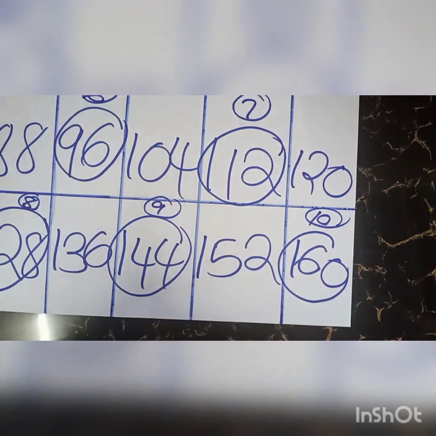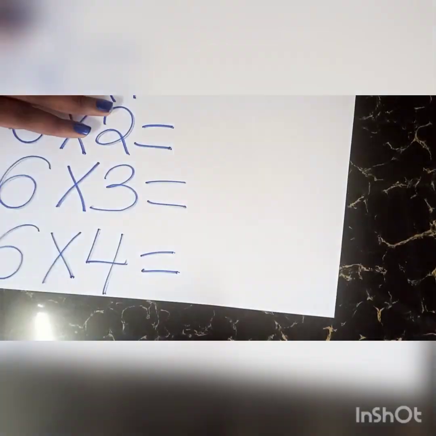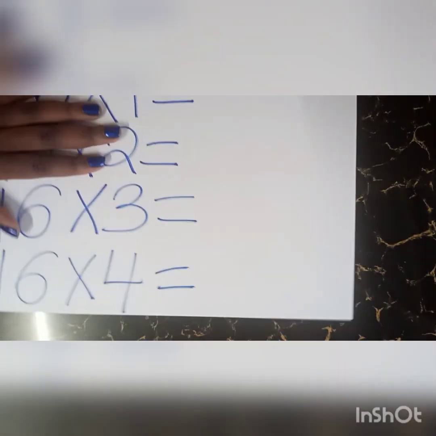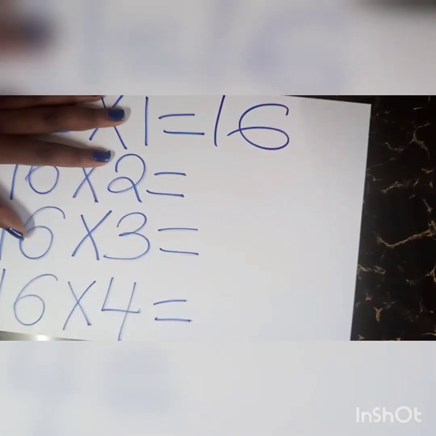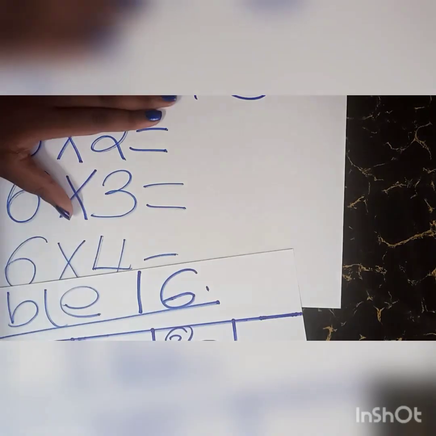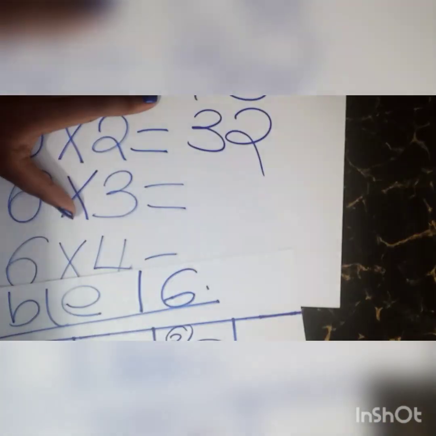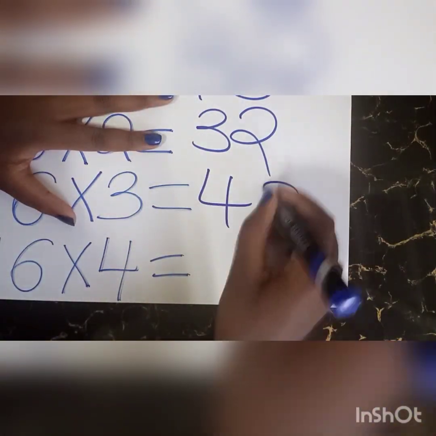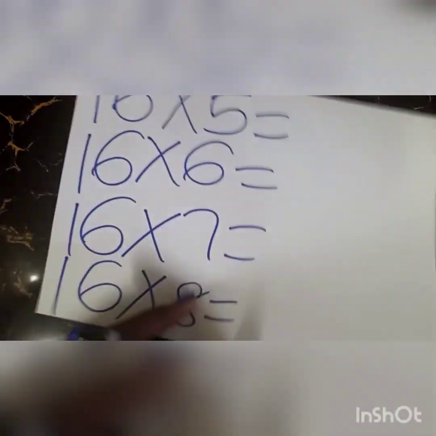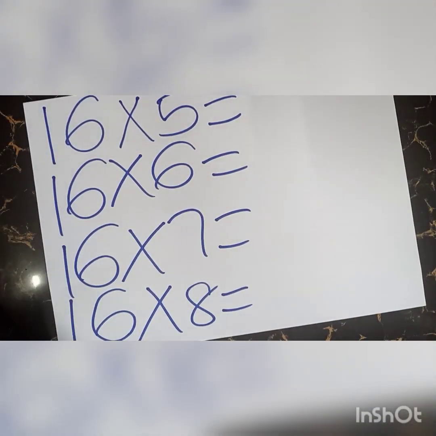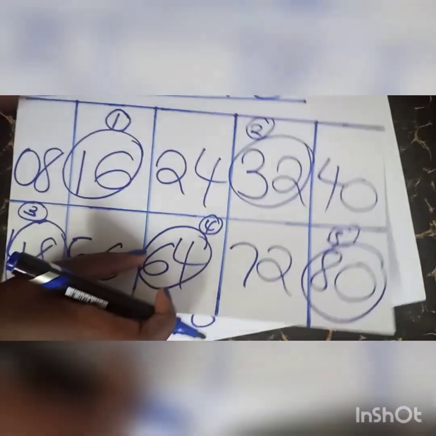So let's write it out neatly. Here 16 times 1 is this. Times 2 is this. Times 3 is this. Times 4 is this. Times 5 is this.